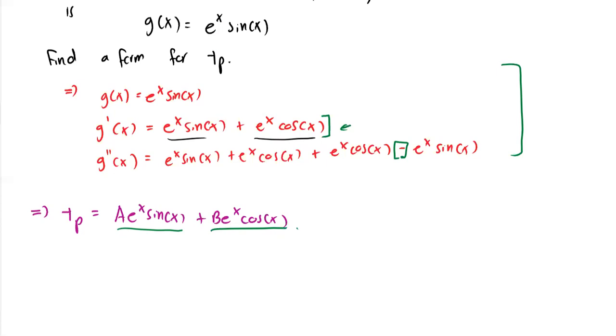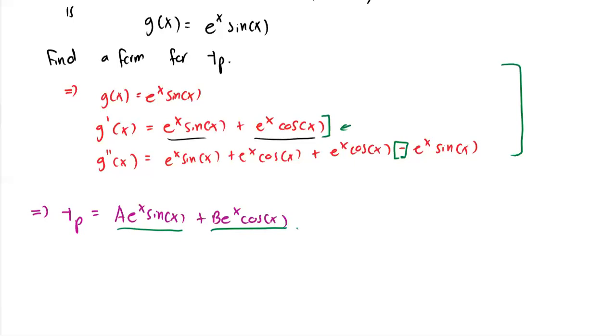What you want to do is take as many derivatives as needed until you realize what the pattern is, and you say, okay, I know now that these are all the terms that will arise no matter how many derivatives I take. In this case, the first derivative was enough to know that. The only terms that were going to arise were e to the x sine x and e to the x cosine x. So I write my particular solution to include those with the undetermined coefficients in front.